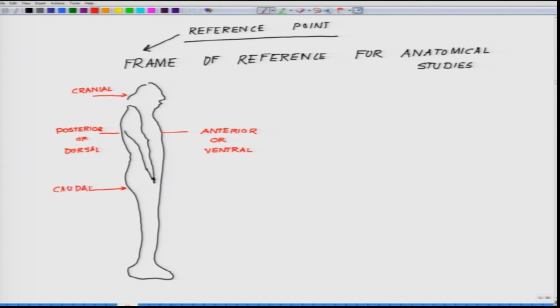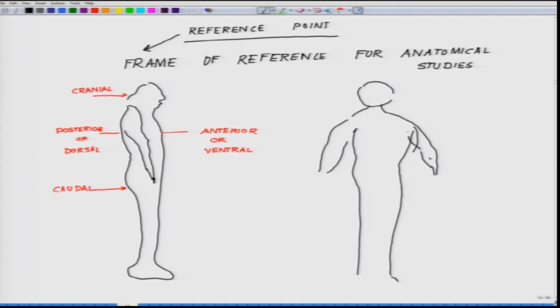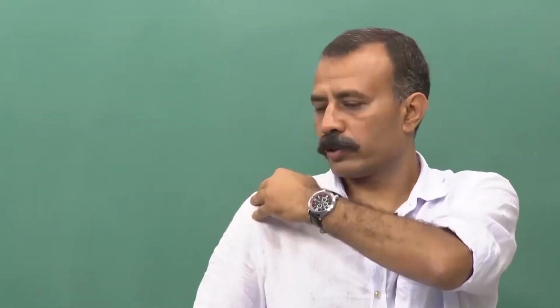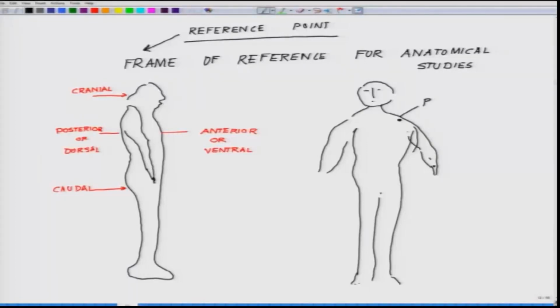Okay. Now if the same person, instead of standing sideways, is standing front-facing, so for example the hand, in that situation, the upper part of your hand, so for example this part of my hand, if you look at me, this is the part which is called the proximal end.